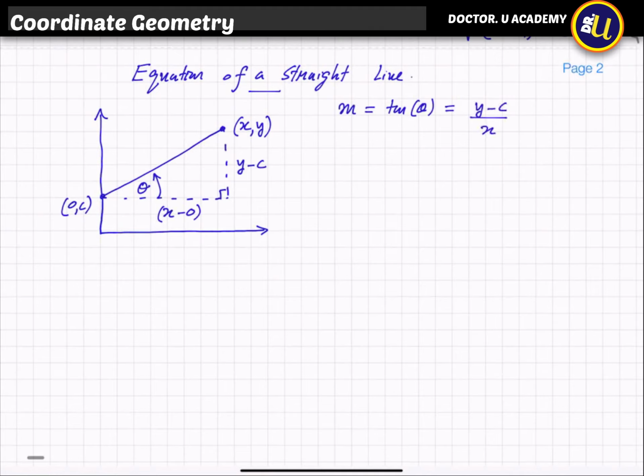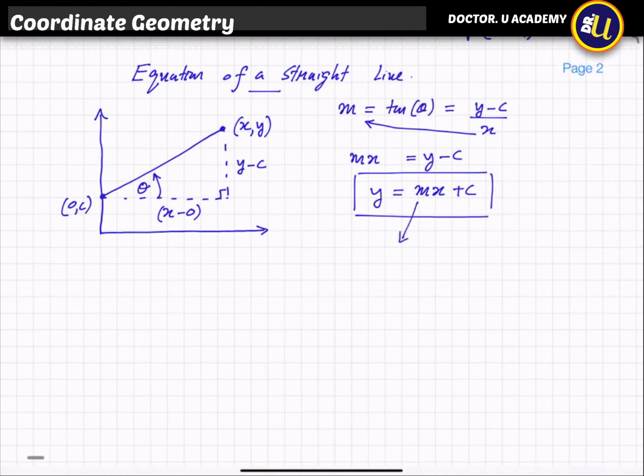Now I will do the cross multiplication. I multiply x with m, so you get mx is equal to y minus c. From here you get y is equal to mx plus c, and that is the general equation for a straight line, where m is the gradient. If you want, you can replace m by tan theta. And c is nothing but the y-intercept.